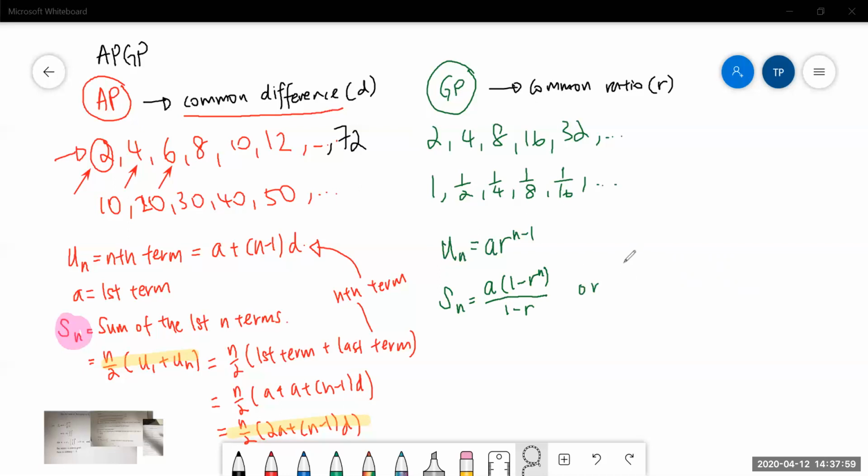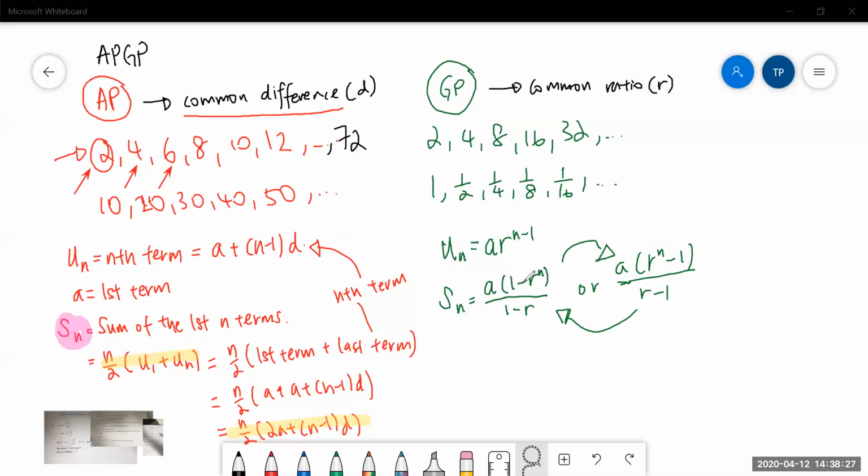Your school will give you another formula also, which is a(r to the power of n minus 1) over r minus 1. Is there really a difference? There isn't really a difference. It's just taking out the negative and transforming it back to this. If you manipulate it and take out the negative, you still get the same thing.